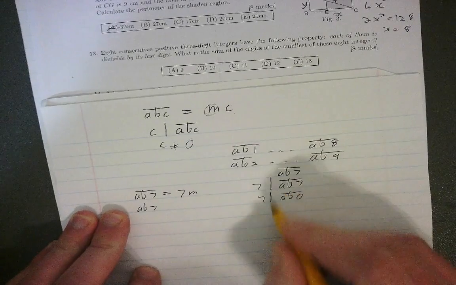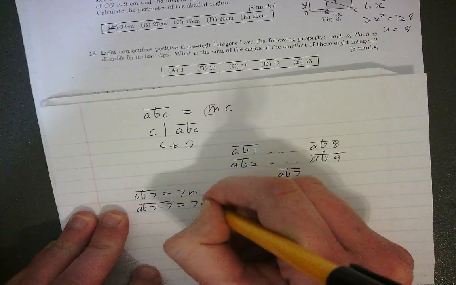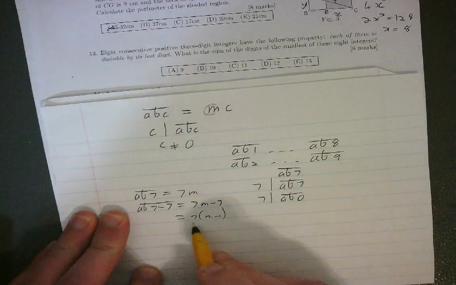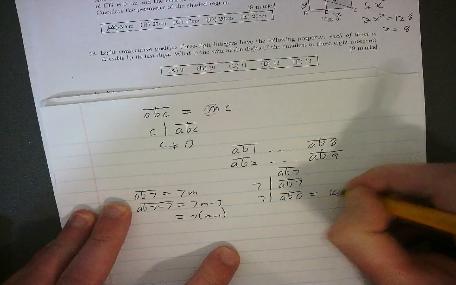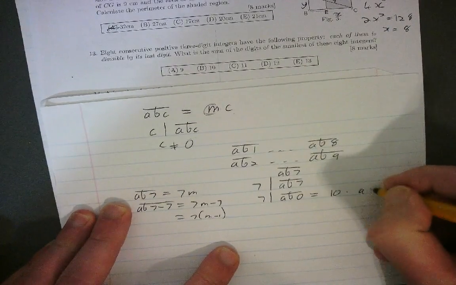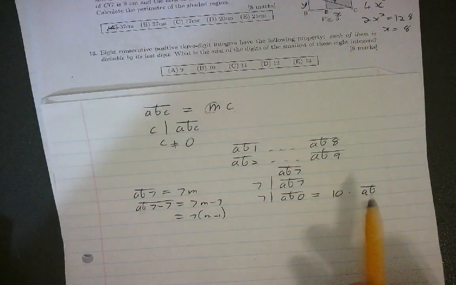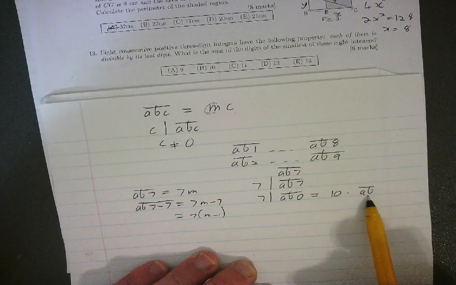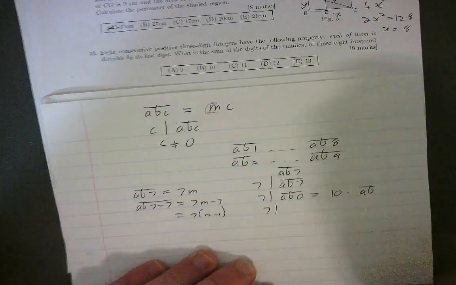Doing it without this fancy notation, I can just subtract a 7 and it's still a multiple of 7. This over here is just 10 times AB. And the only way that this can be divisible by 7 is if this one is divisible by 7, because 10 has no common factors with 7. So therefore 7 divides into AB.